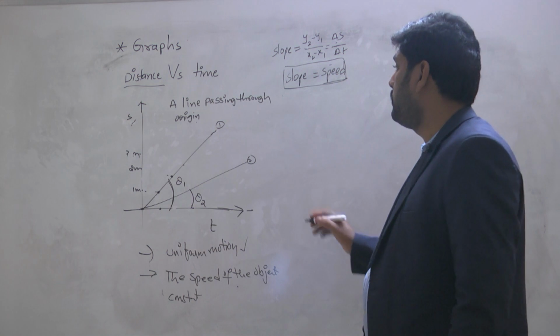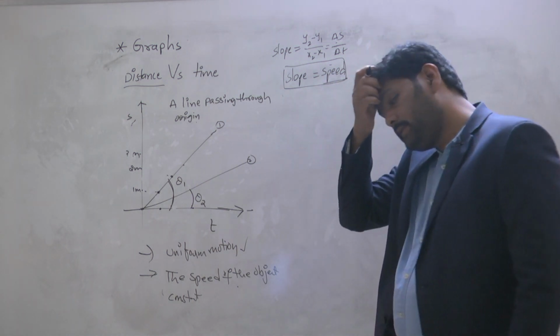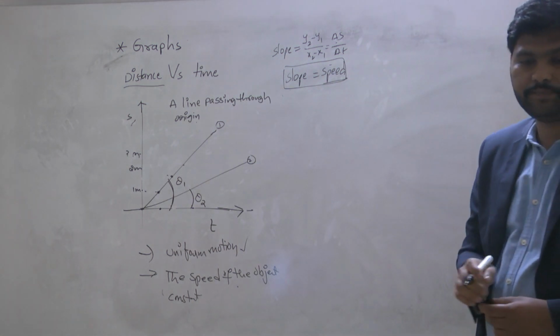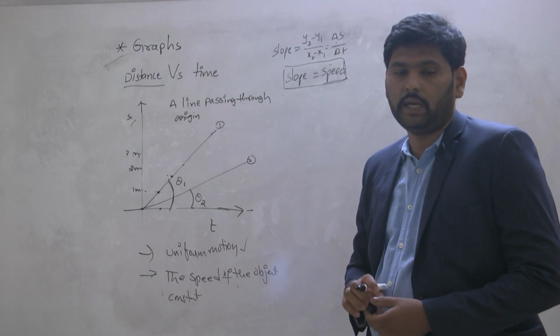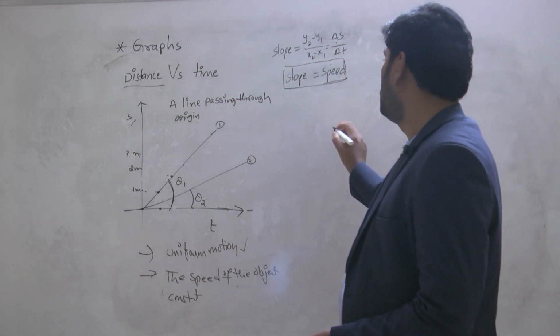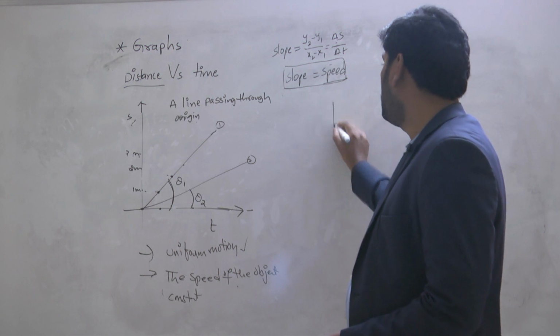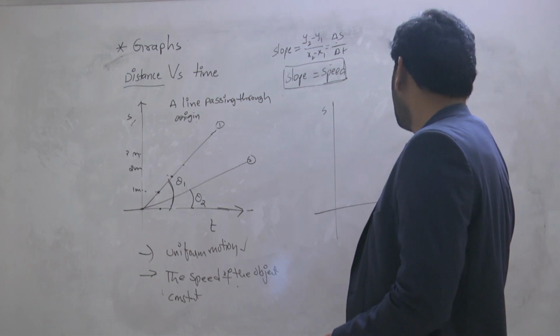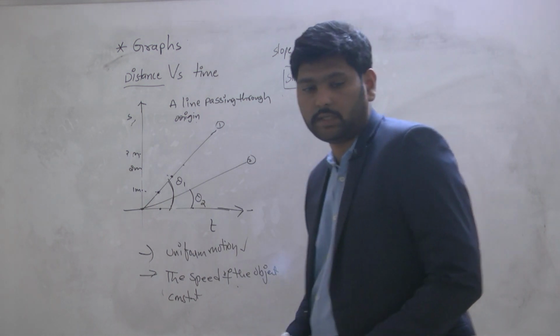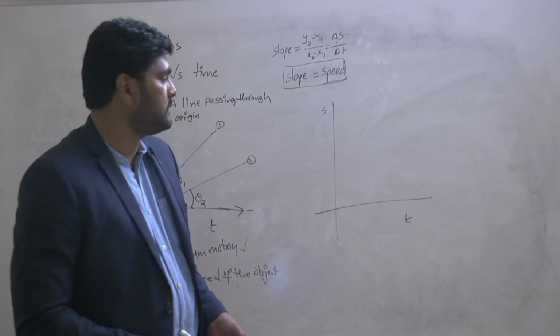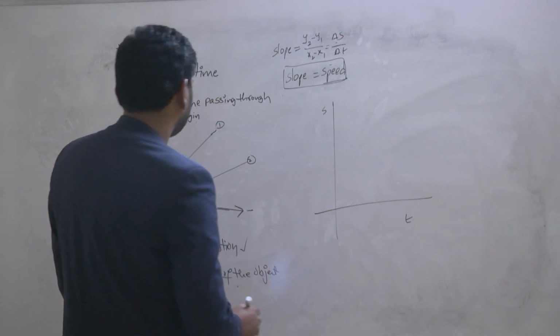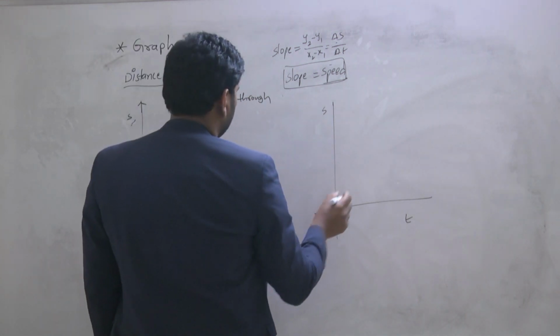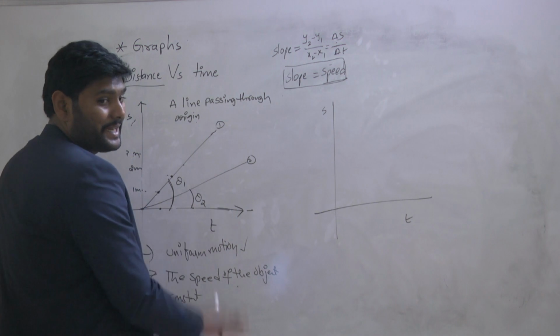The next, one more graph. Again, the graph is distance versus time. It is a straight line.